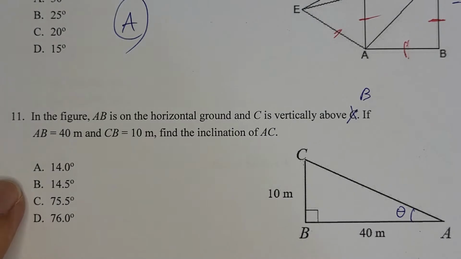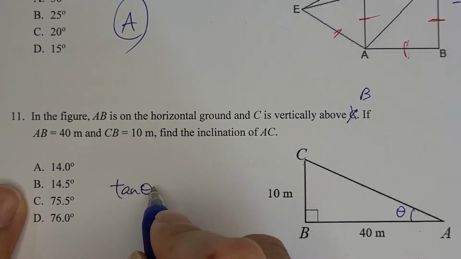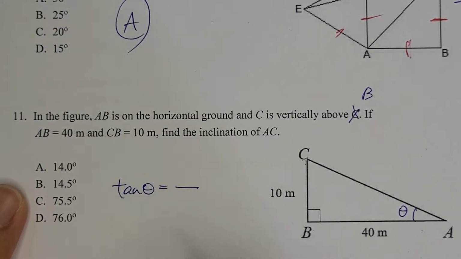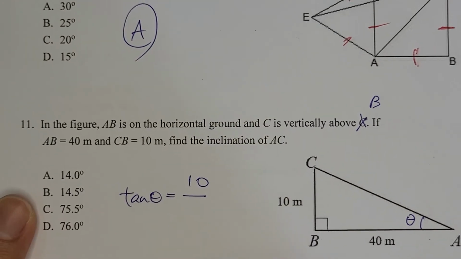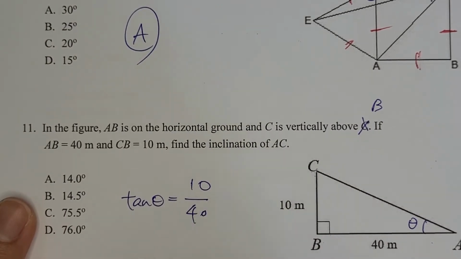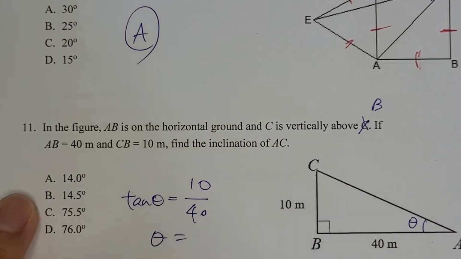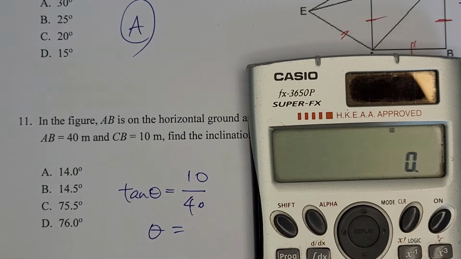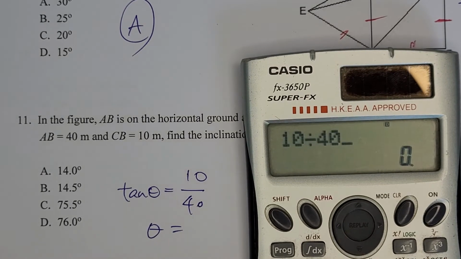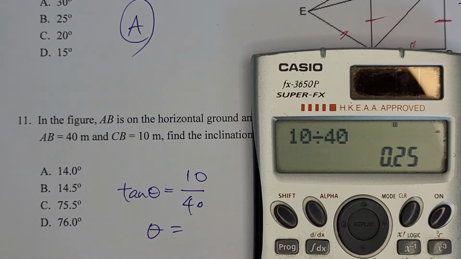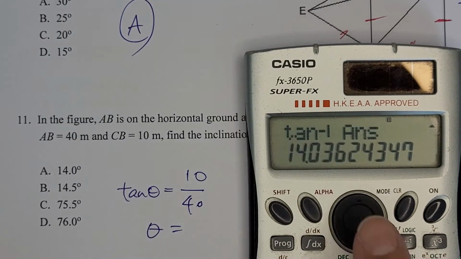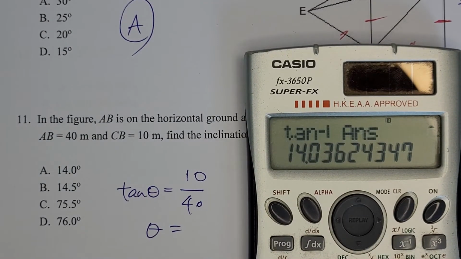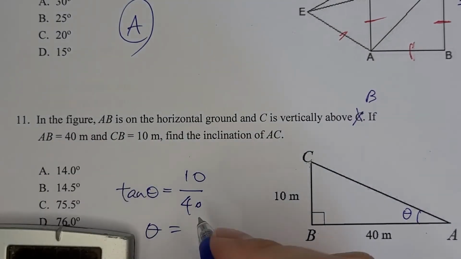So use the simple trigonometric ratio, tangent theta is 10 over 40. Then you can find theta. Just use the calculator: 10 over 40 gives 0.25. Shift tangent of this number gives 14.0 something. So the answer is A.